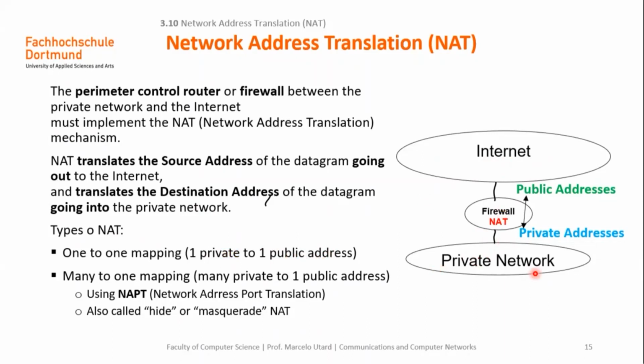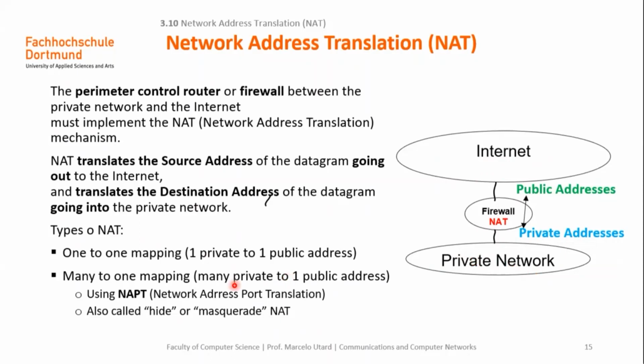Then we need to implement another type of network address translation mechanism in order to permit that all the hosts in this private network could exchange datagrams with the internet. And in that case, we typically use another type of NAT called many-to-one mapping.